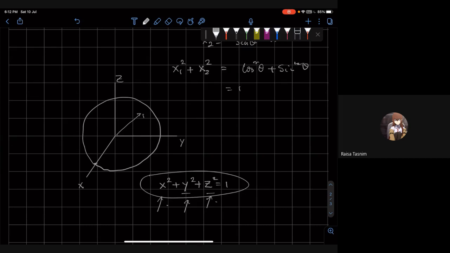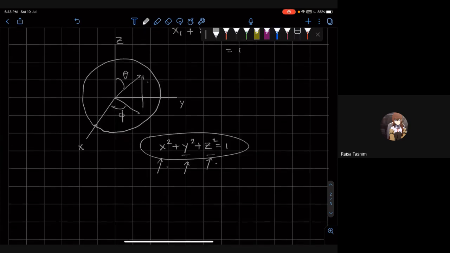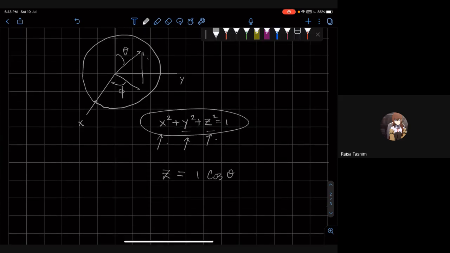Similarly, if we introduce 2 angles here, one is theta, another one is phi, then we know that we can write z as 1 cosine of theta, and then x can be 1 sine of theta, then cosine of phi, and then y is 1 sine of theta, sine of phi.